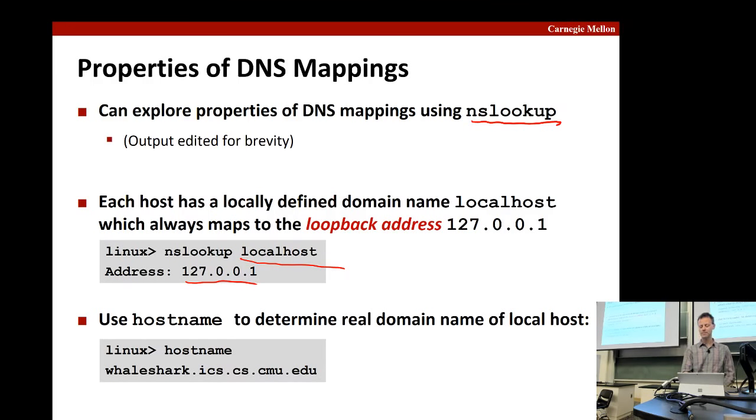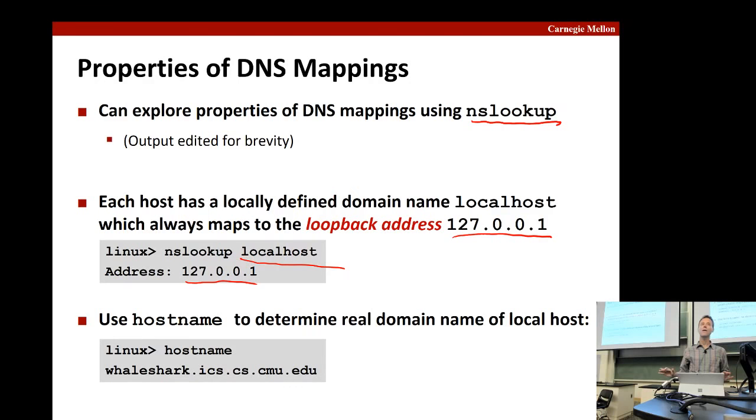The first example I want to point out is that every host has a way of talking about itself. As a host, you could talk about yourself by actually knowing what your domain name really is. But then if you take that code, it's not portable, right? Every time I move that code to a different machine, I'd have to look up what my IP address is and plug it in there.